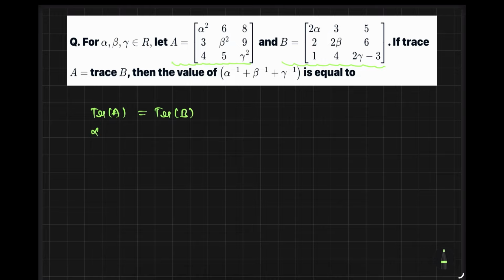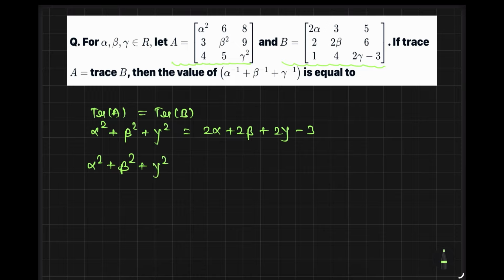So, can I write alpha square plus beta square plus gamma square equals 2 alpha plus 2 beta plus 2 gamma minus 3. I'll ask everyone to come to one side. So alpha square plus beta square plus gamma square minus 2 alpha minus 2 beta minus 2 gamma plus 3.